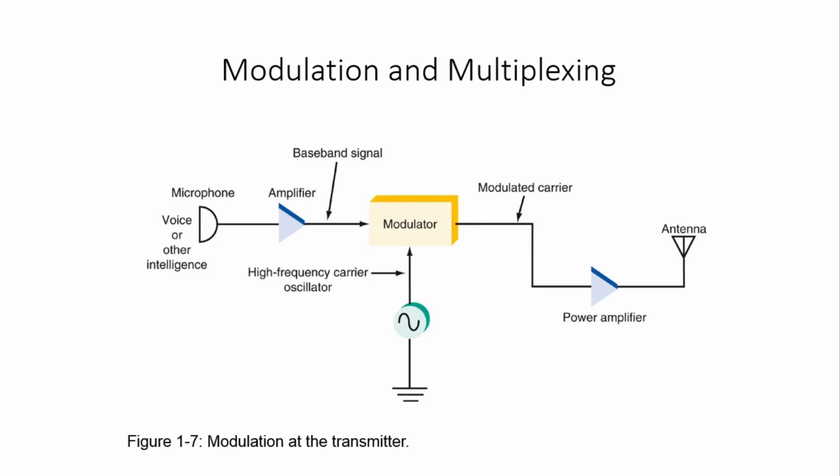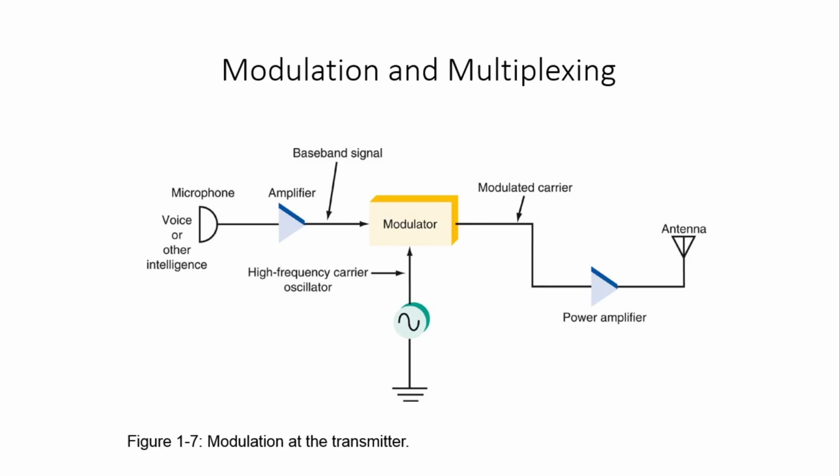Here we can observe the input in the form of voice or other intelligence is given from a source side to an amplifier. The amplifier amplifies the signal and gives the baseband signal to the modulator. The modulator modulates the signal, and the other input to the modulator is the high frequency carrier oscillator.